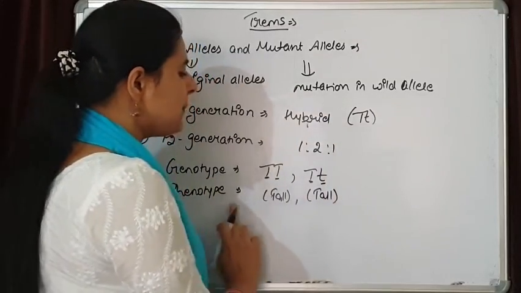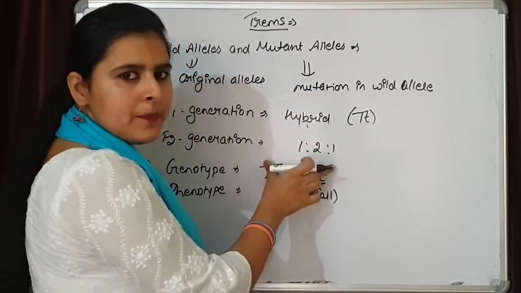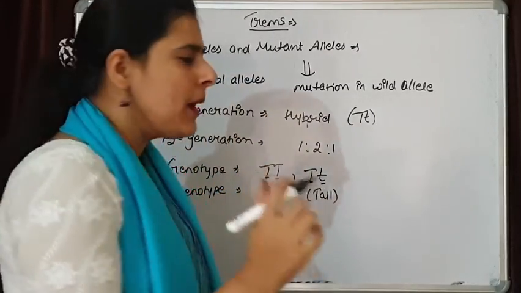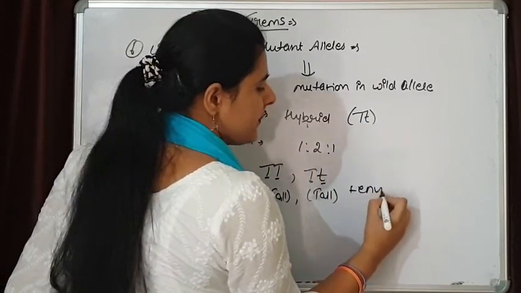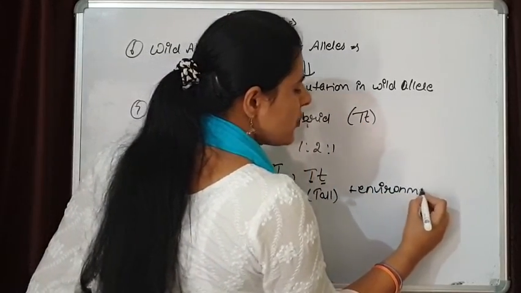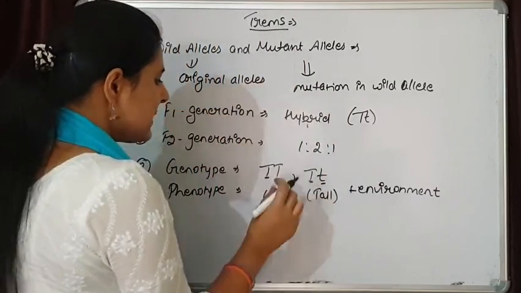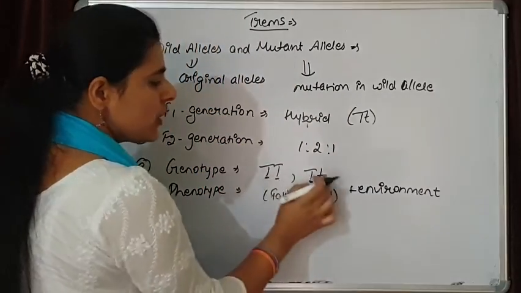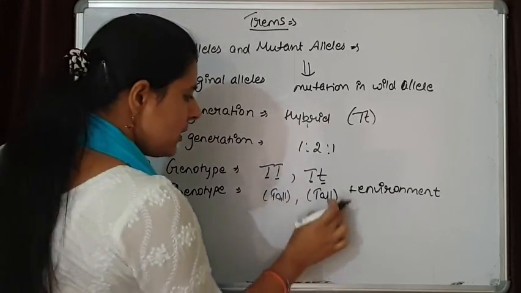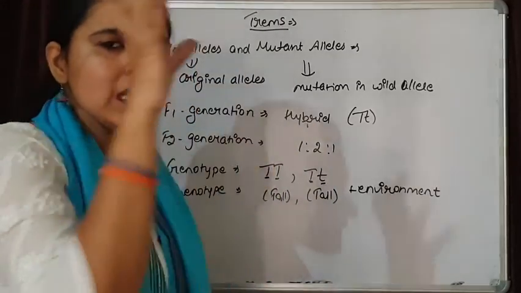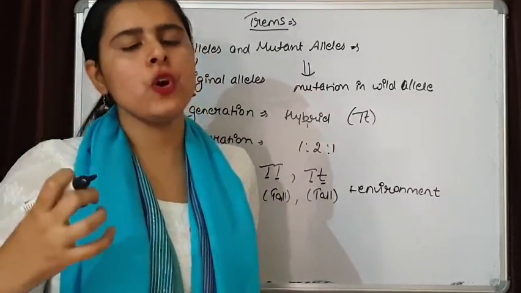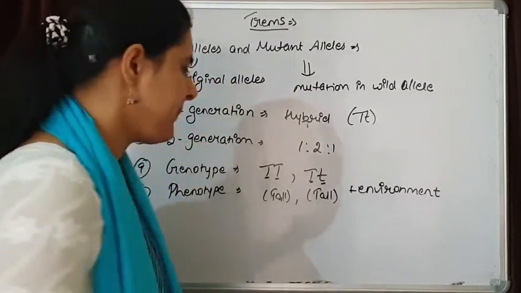And this phenotype depends upon the genotype, the genes which are present, plus environmental factors. The environment also plays some role in the phenotype. You can see that plants with different genotypes can have the same phenotype. So more than one genotype can show the same phenotype.